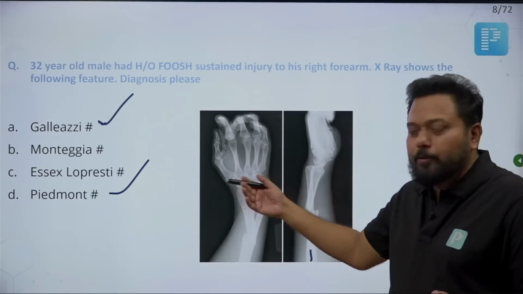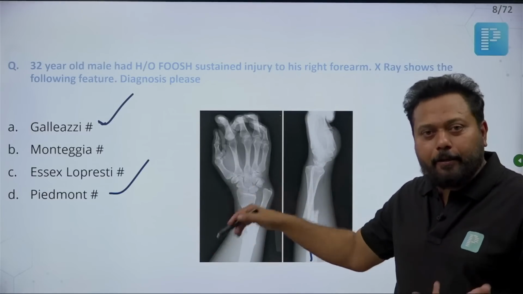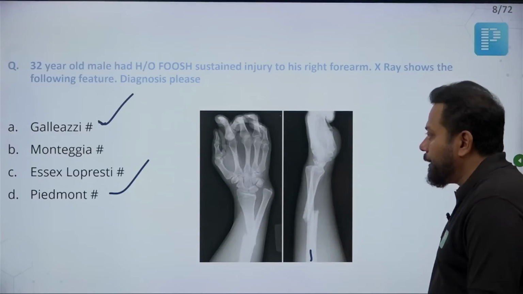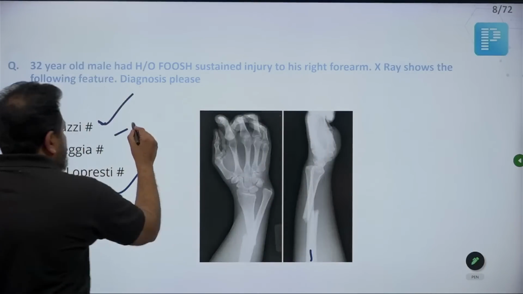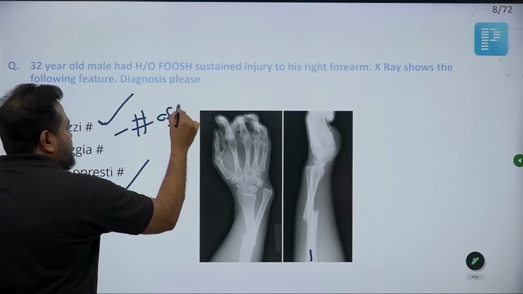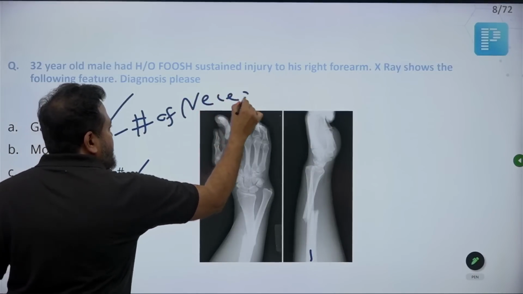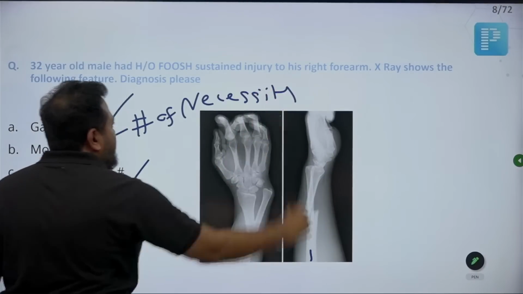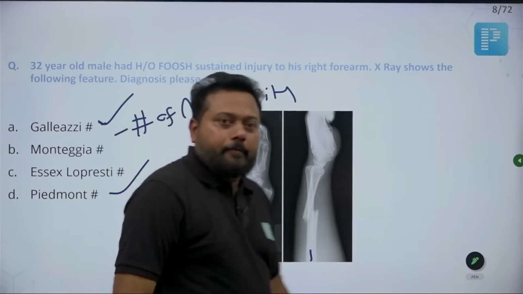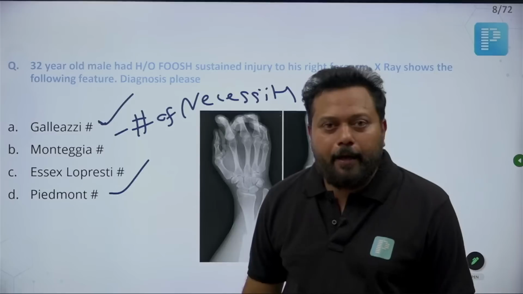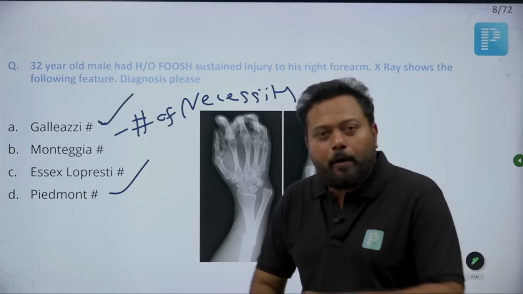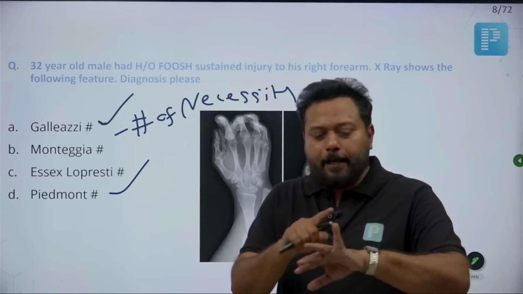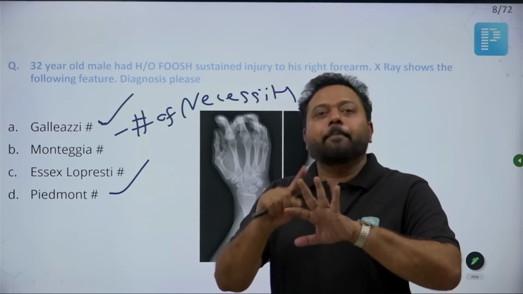Just to tell you this point, I had added that it is otherwise called Piedmont fracture. And Galeazzi fracture has one more name. It is otherwise called fracture of necessity. I will tell you the reason why it is called fracture of necessity in the next slide. So what are the synonyms for Galeazzi fracture? Galeazzi fracture, fracture of necessity, Piedmont fracture.